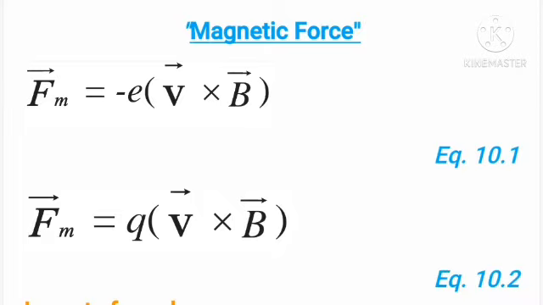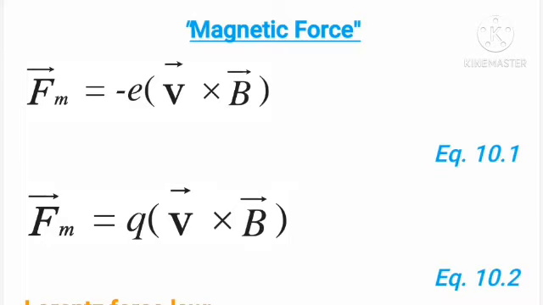Here magnetic force is denoted by the symbol F subscript m, and the arrowhead shows that it is a vector quantity. So the magnetic force on an electron having charge minus e, moving with velocity v in a magnetic field B, gives the condition for magnetic force for an electron.